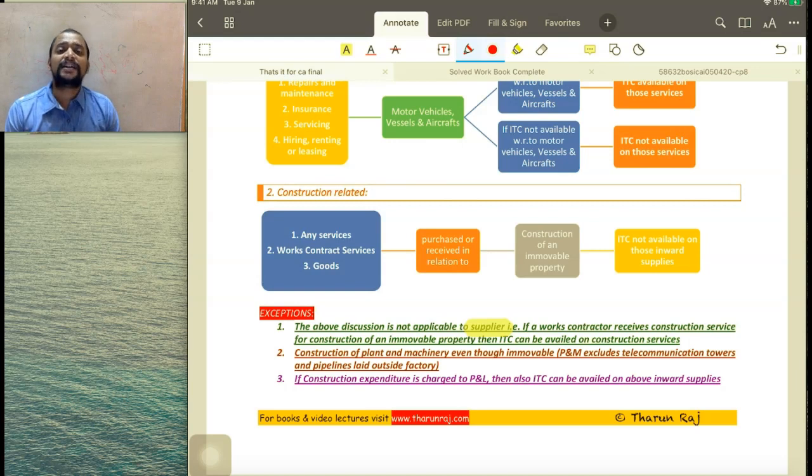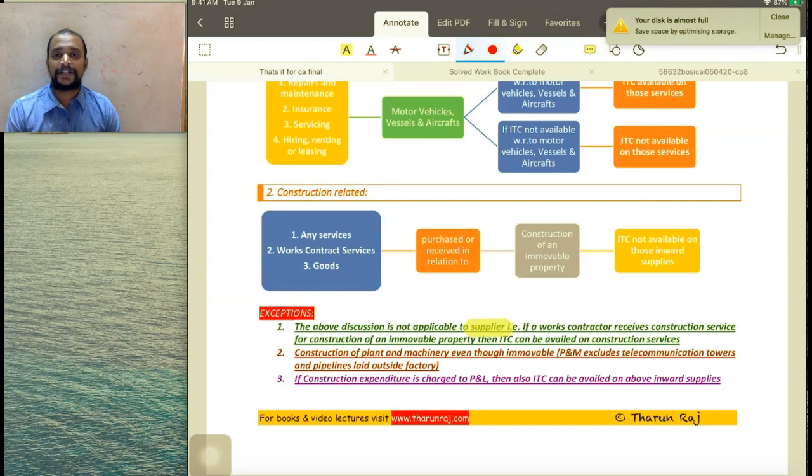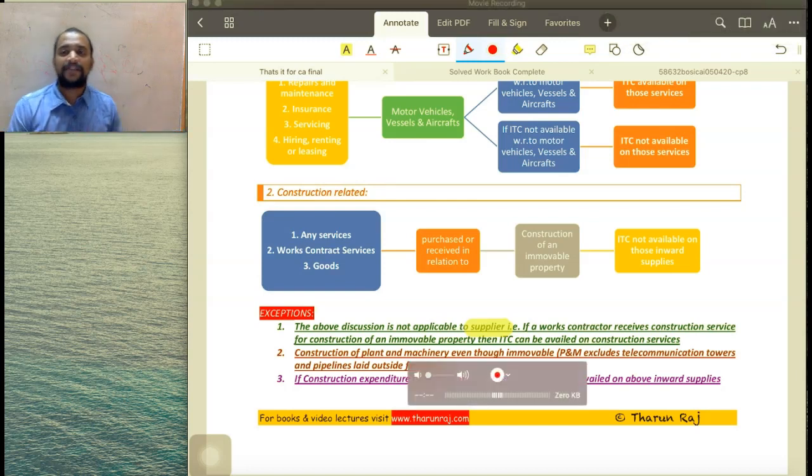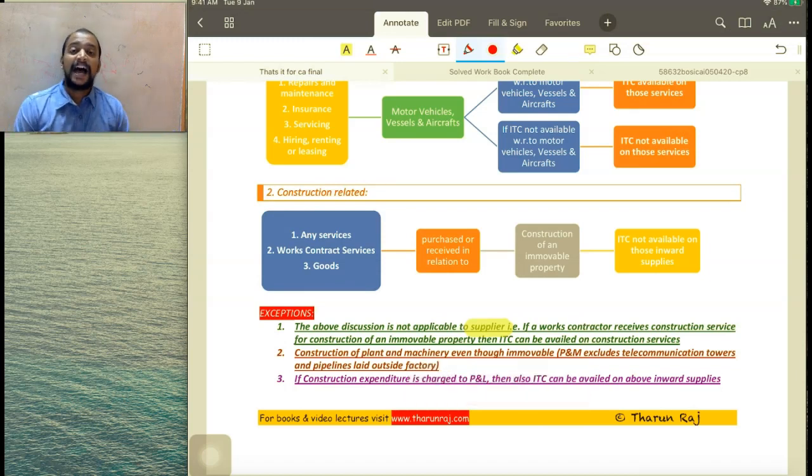Suppose I incur some expenditure on construction of immovable property, and that expenditure is charged to P&L, then also I can take ITC. Means if it is capitalized, I cannot take ITC. If it is charged to P&L, I can take ITC. So this is with respect to construction related, the exceptions.